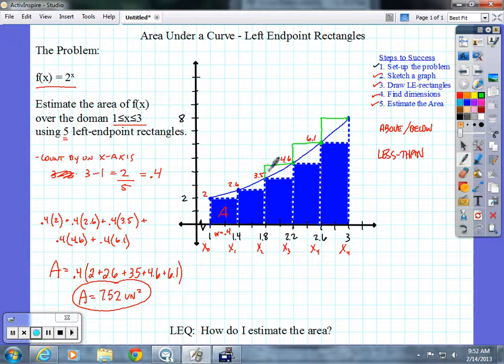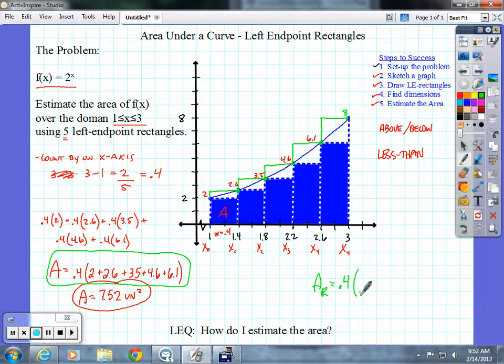And the nice thing about the right rectangles is everything about the problem remains the same. None of these values here change. Okay, the only difference is this statement from a left to a right. If I would do that statement for the area for the rights, it would still be 0.4 because that's still my width.